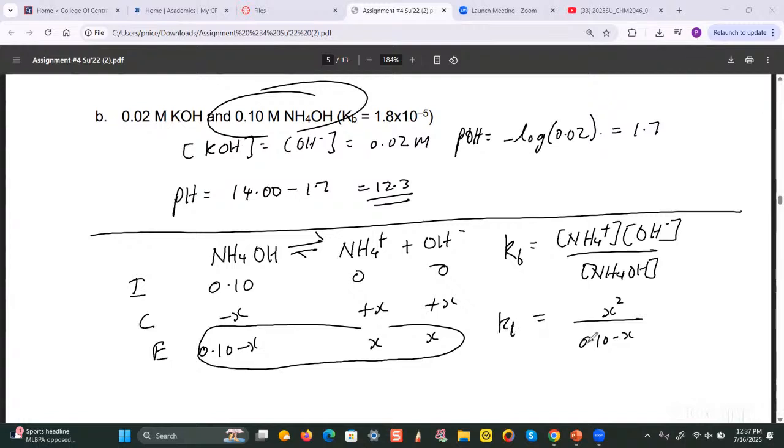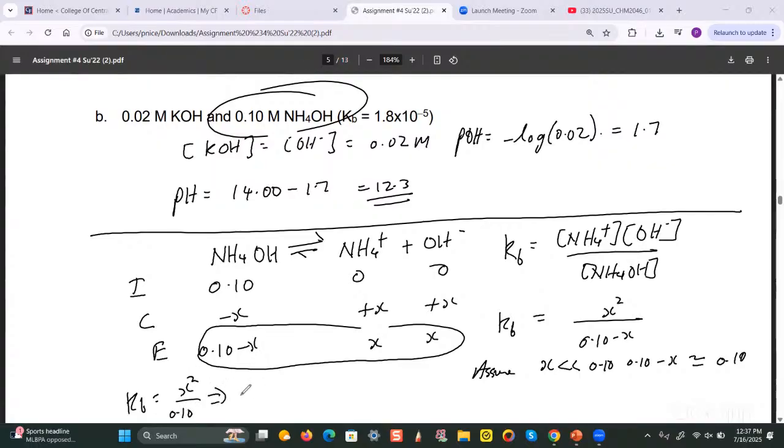We can simplify this because we can assume that x is much smaller compared to 0.10, such that 0.10 minus x is approximately 0.10, and therefore Kb is equal to x squared over 0.10.